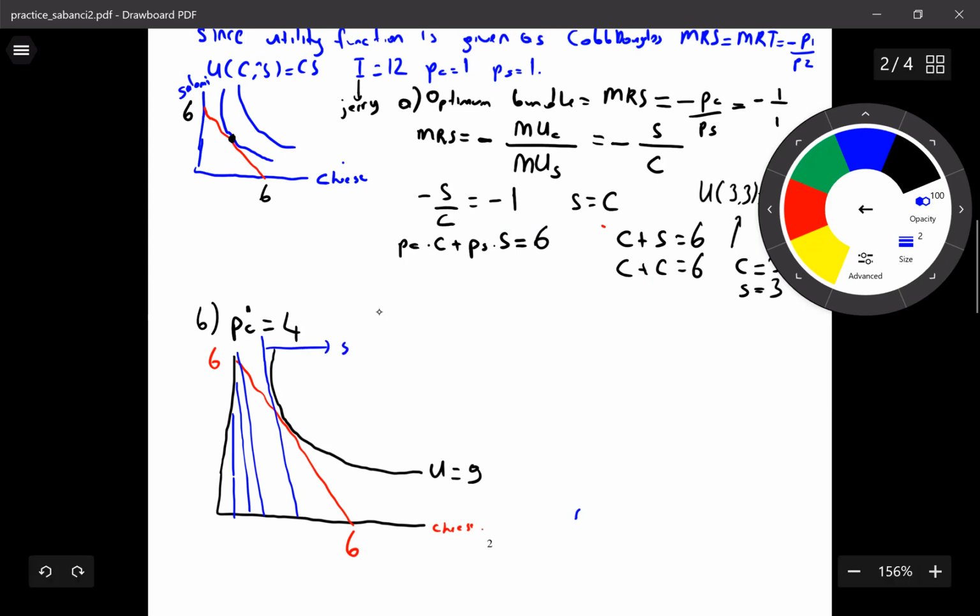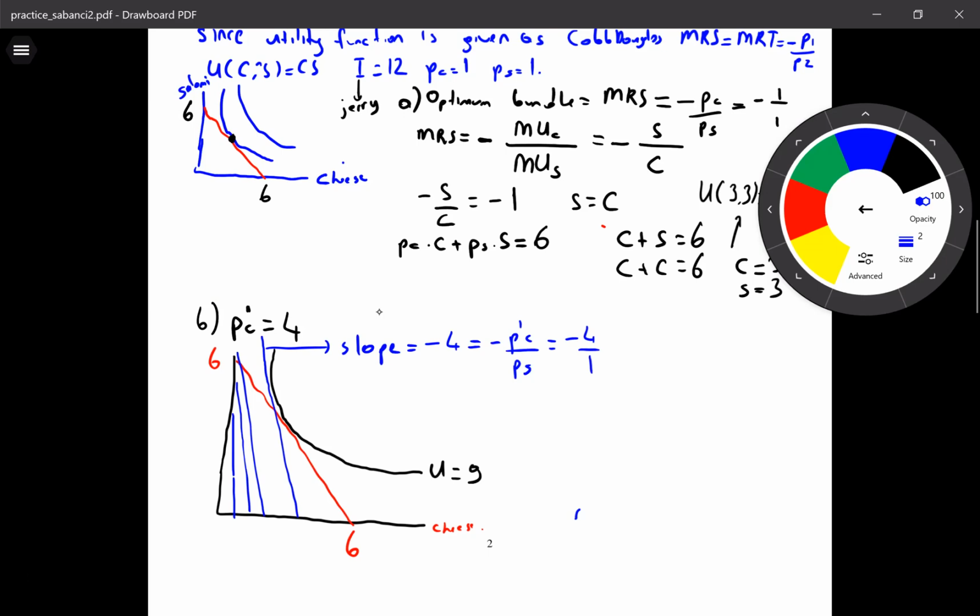This has slope minus PC prime divided by PS, which is -4/1, and it will be tangent to my initial utility level. Why do I require that tangent condition? Because I want to achieve the same utility as before, the utility of 9.